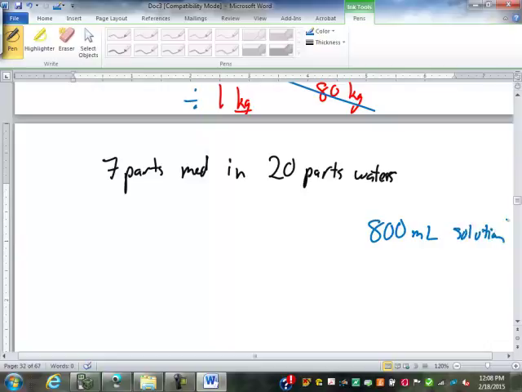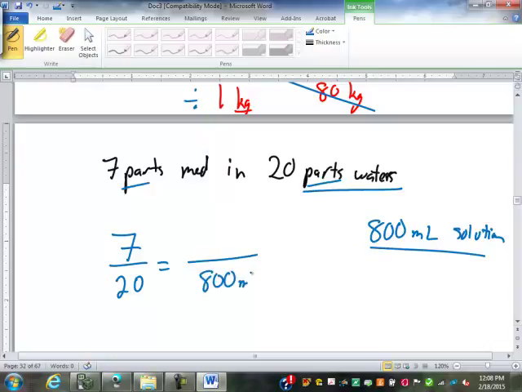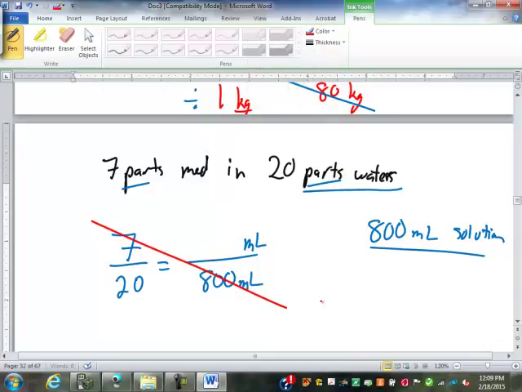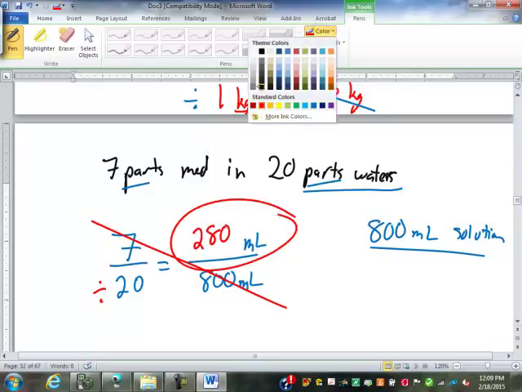We need to know how much medication to put into that. So this is a 7 to 20. Now this is a ratio because these are parts to parts. The 20 is the total water or total solution, so the 800 goes on bottom. I'll put the milliliters in there so that we know our final amount up here is also milliliters. And we cross multiply and divide. 7 times 800 divided by 20 is 280 milliliters.